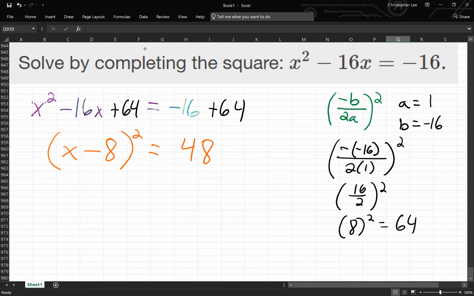And then real simple, just solve for x. I'm gonna square root this side to get rid of the square, and what I do to one side, I do to the other. Now I have x minus 8 is equal to plus or minus the square root of 48.